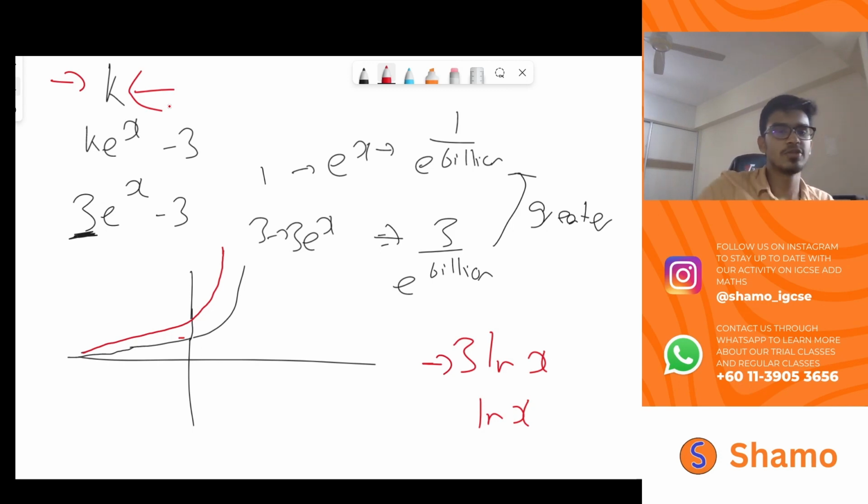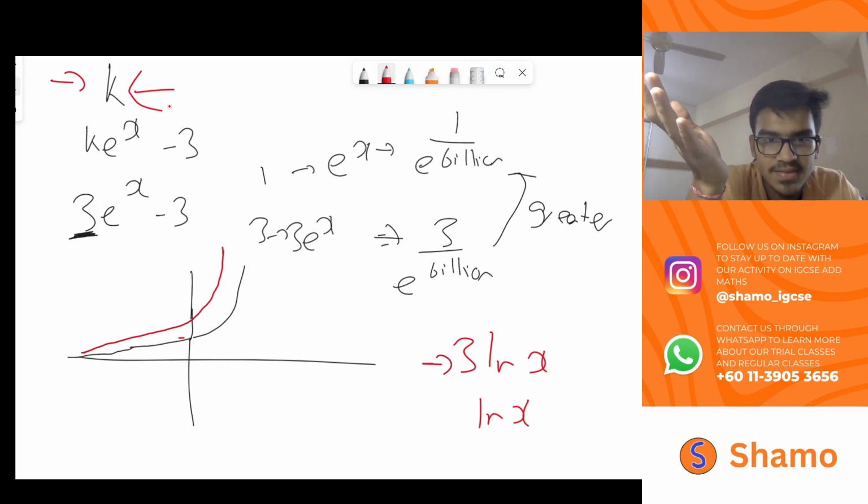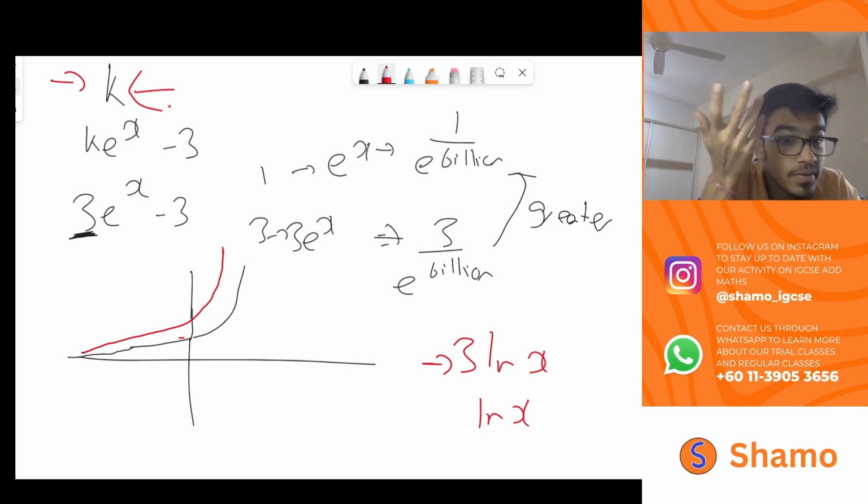So we learned more complicated graphs of logarithmic and exponential equations. We learned quite a nice way of remembering them. We learned that k does not impact the asymptote. We learned that there can be slightly different variations to the graph, like e power x, e power minus x, or ln x, minus ln x, or ln negative x.